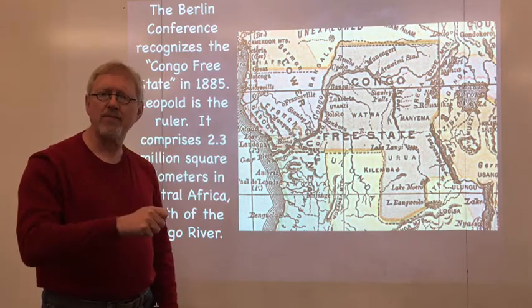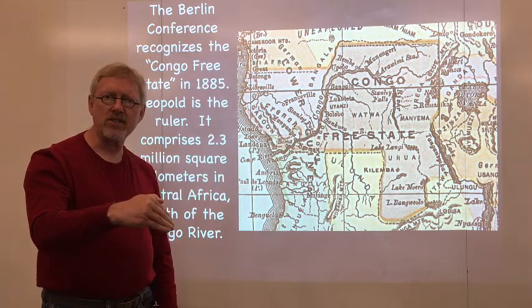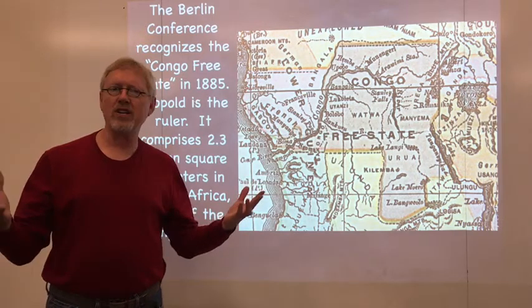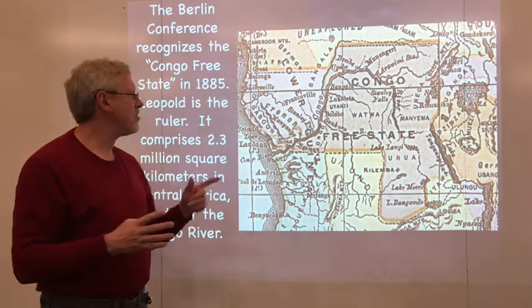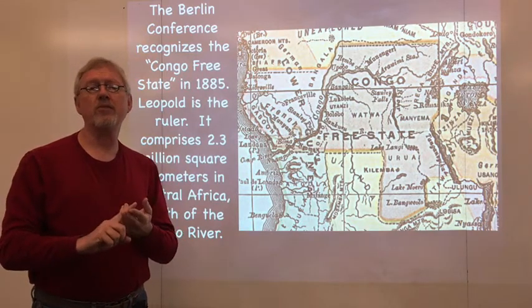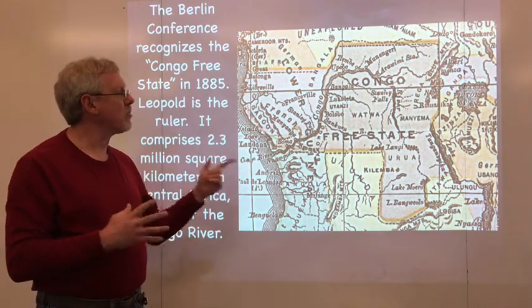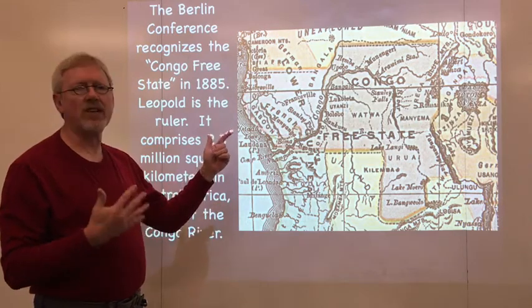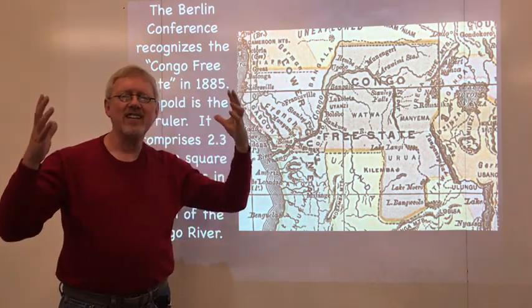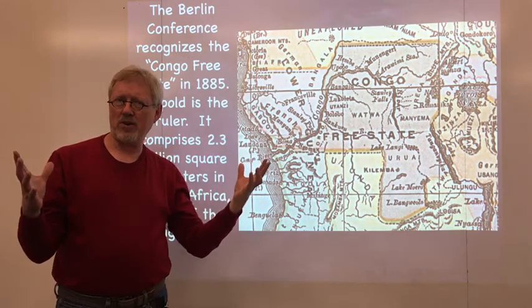This is very much a bunch of Europeans gathering, staring at a map of Africa, and arbitrarily carving it up for themselves, drawing boundaries just because they want to draw boundaries in a certain area. The boundaries often pay no attention to cultures, to tribes, languages. So people in Africa will find themselves overnight now part of one new country which never existed before.